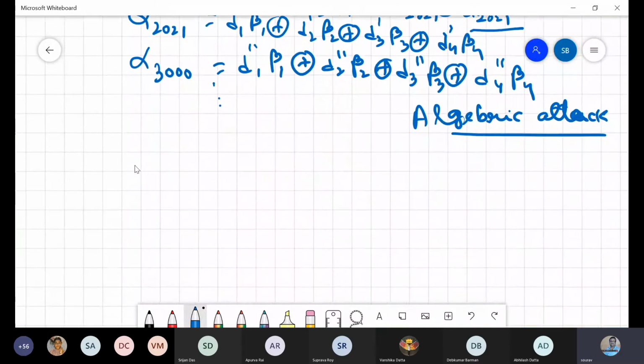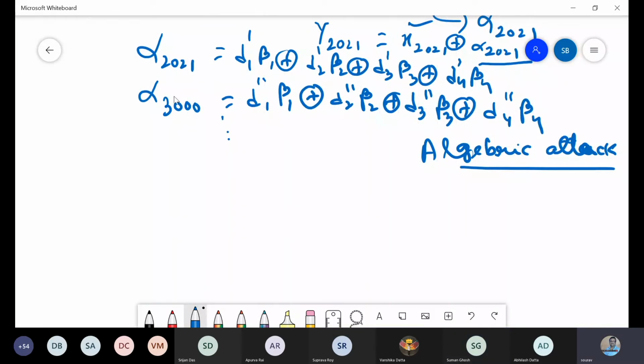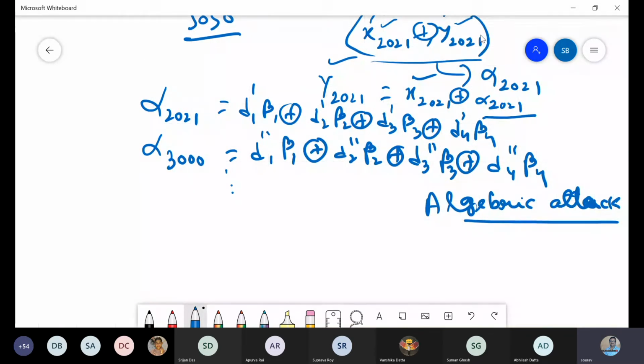So how will Oscar know the values of the Di? Because Oscar knows the alphas, and the alphas must be some linear combination of these betas. Oscar knows this X and Y, right? So that means Oscar knows this alpha 2021.